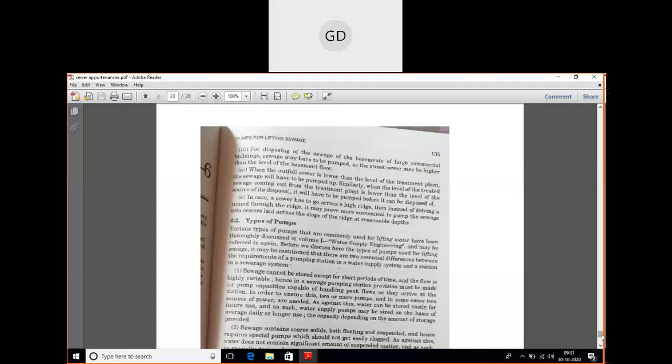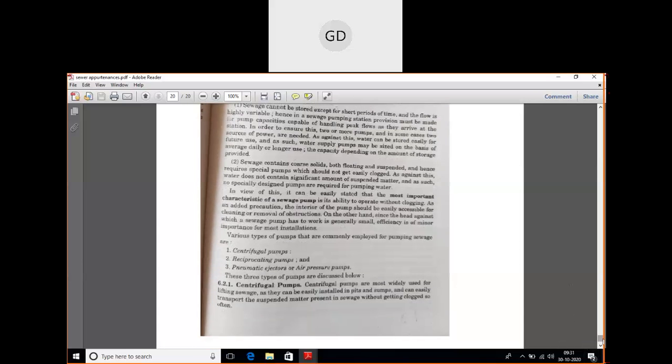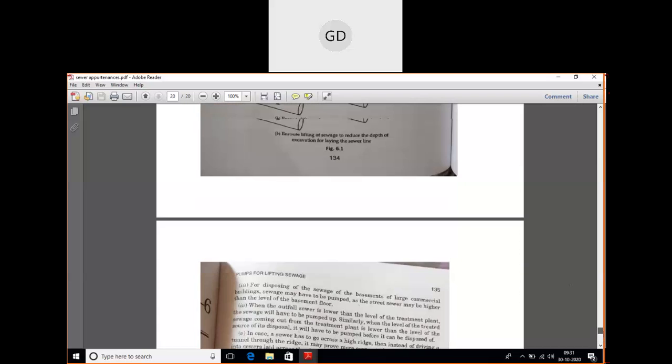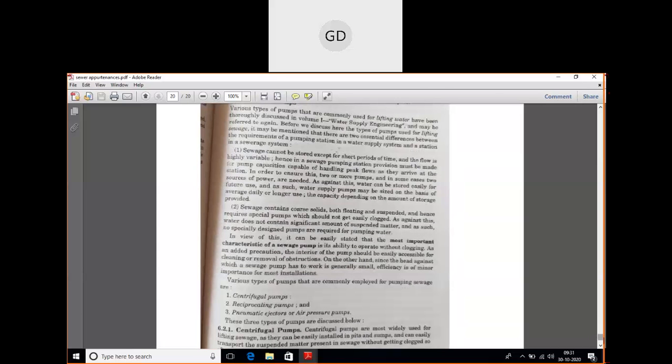Regarding the types of pumps, there are three types you can see here. Number one is the centrifugal pump, number two is the reciprocating pump, and number three is the pneumatic ejectors, or air pressure pumps. You just need to remember the names. So this is all about pumps.